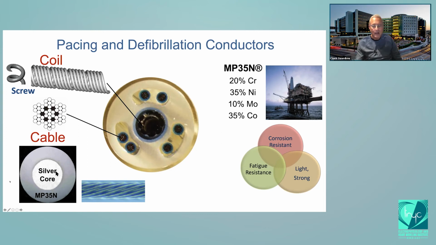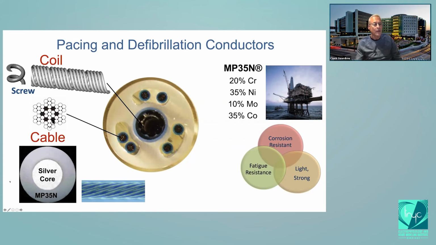Why is that? That's because the electrical resistance of MP35N, while good enough for sensing circuits, is way too high to allow efficient transmission of defibrillation energy. To give you an example, a typical resistance of a defibrillation coil in a circuit might be 30 or 40 ohms, maybe 50 ohms in a pacing coil.